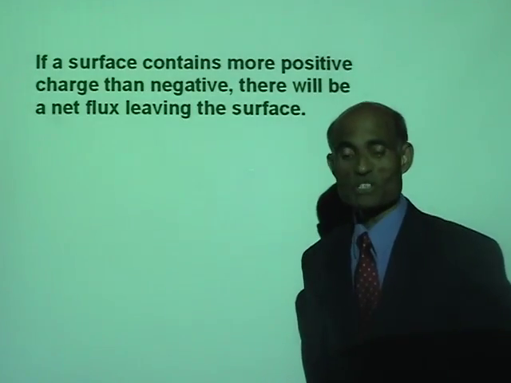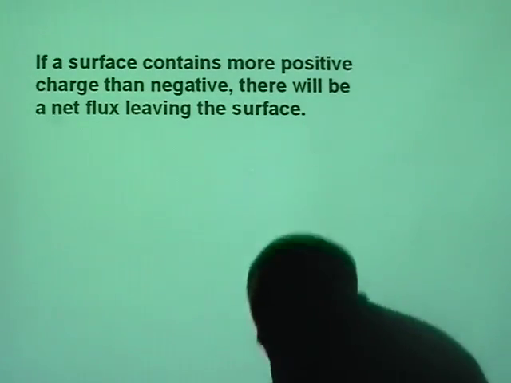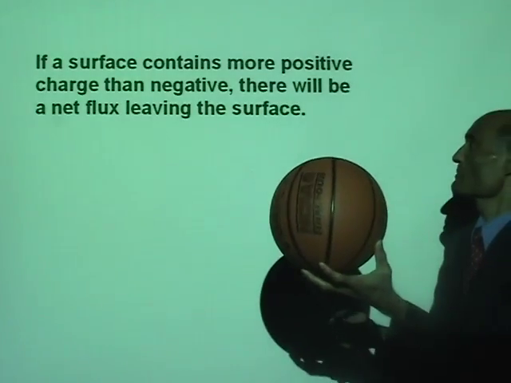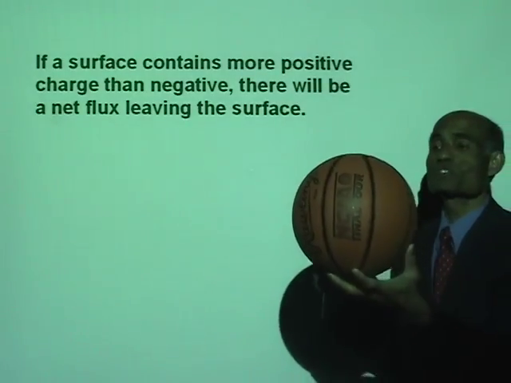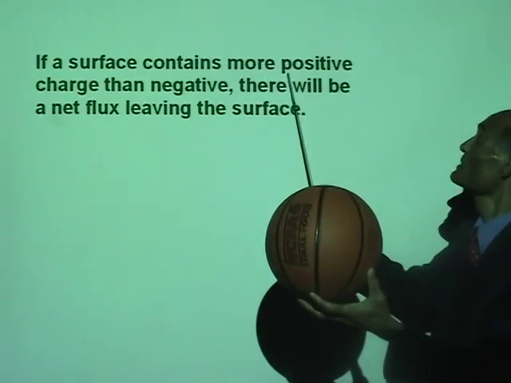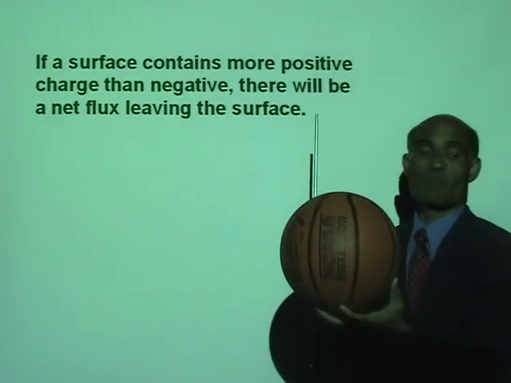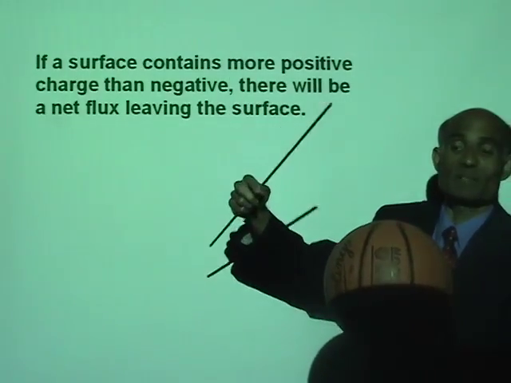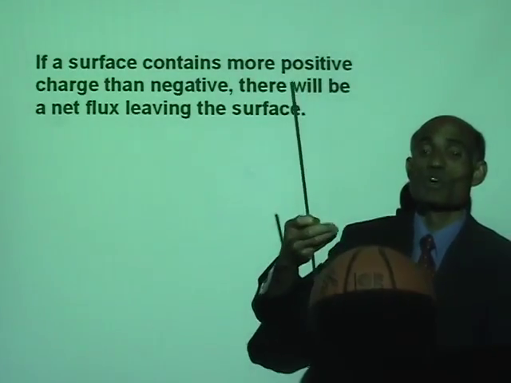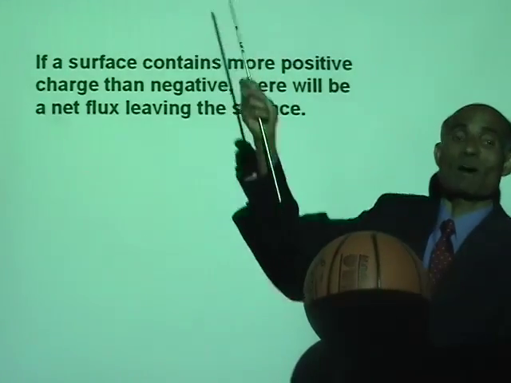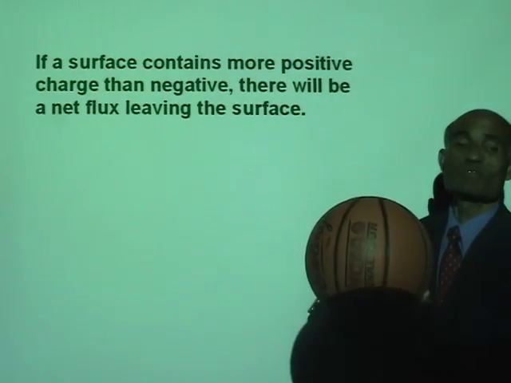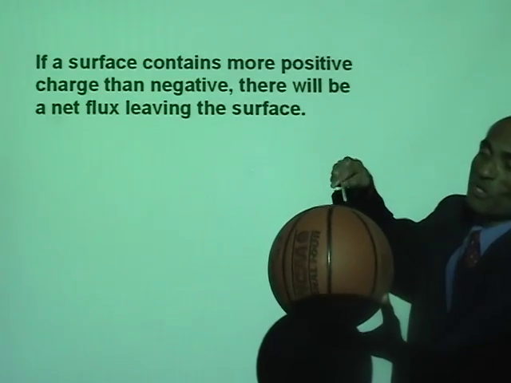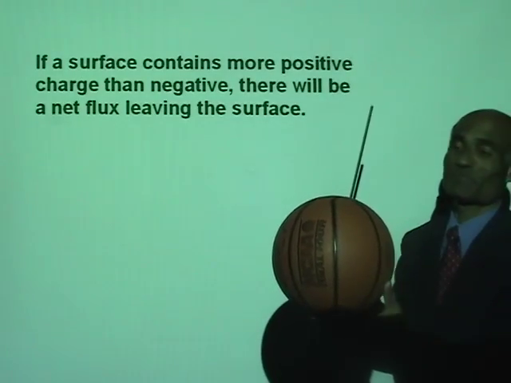Suppose you have a certain surface, let's say a spherical surface, and this spherical surface contains inside some positive charge. That means flux will be coming out of it, is that right? Because lines of force originate from a positive charge. If this surface contains some negative charge, then flux will be going into the surface.